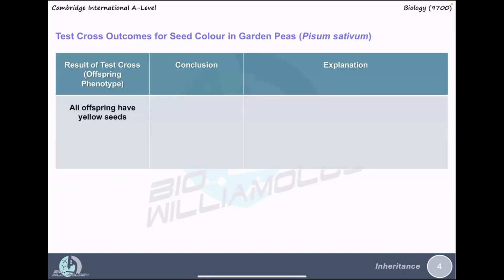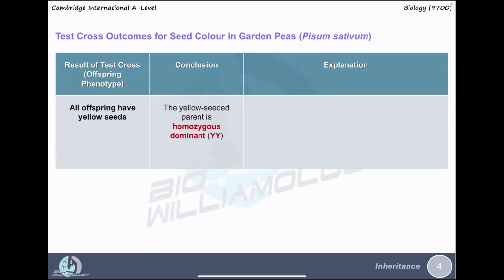So let us look at the test cross outcome for seed color in garden pea plants. If the test cross result shows all offspring have yellow seed, what is the conclusion? Yes, all offspring have yellow seed.